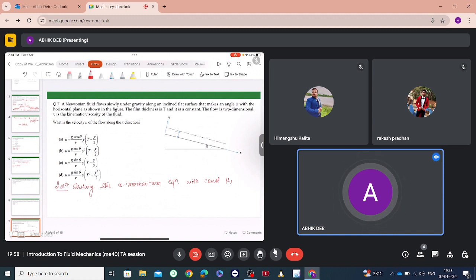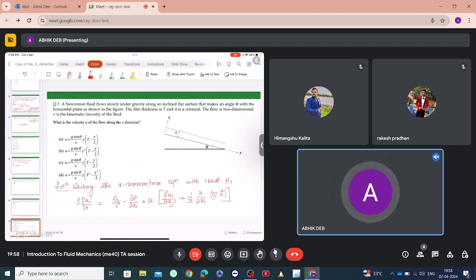We will get the form as rho dui by dt is equal to rho gi minus del p by del xi plus mu del 2 ui by del xj2 plus 1 by 3 del by del xi of del dot u vector.